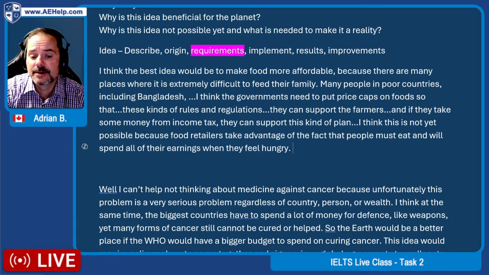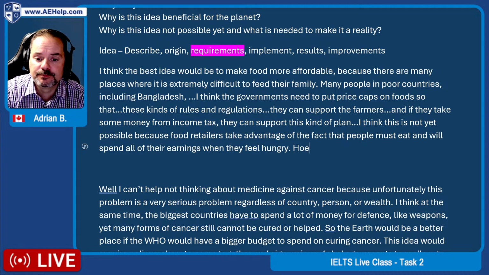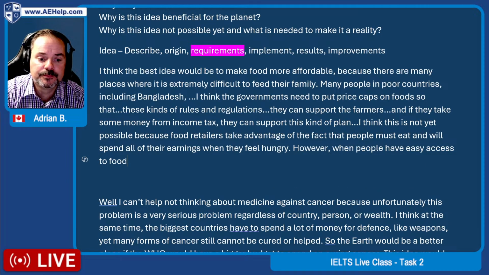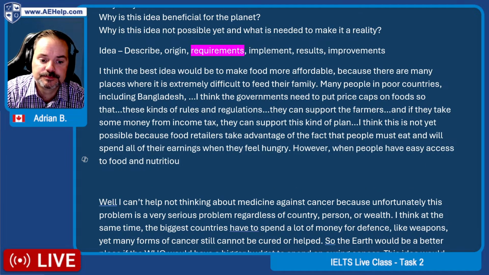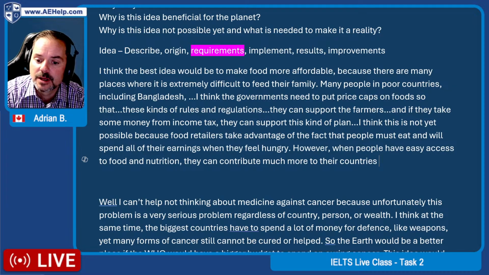The other piece I might add is, however, when people have easy access to food and nutrition, they can contribute much more to their country's economy.